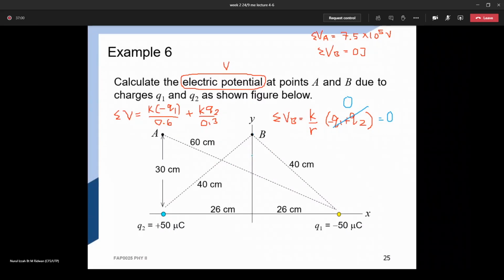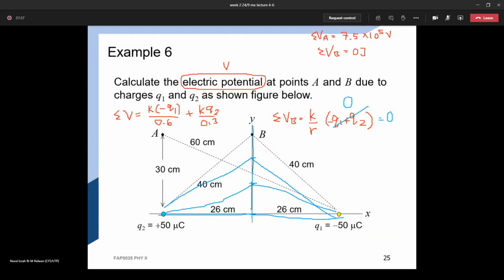So it means that as long as the condition is like this, listen here carefully. If the charge is the same but in opposite sign, and the distances are also the same, so be it here, here, or even here in the middle, as long as the distance is the same from both charges, then at all points along this line, you will have potential equals to 0.